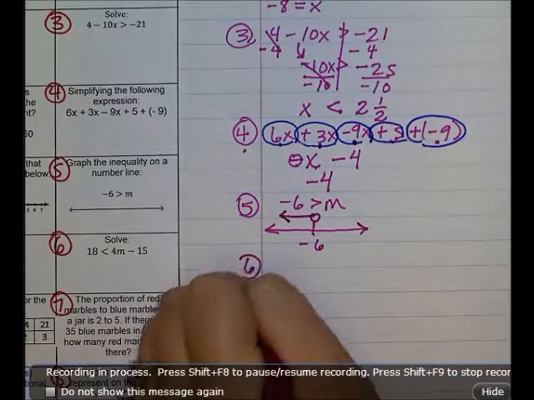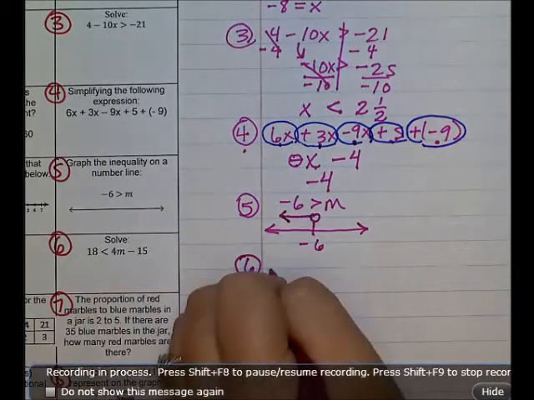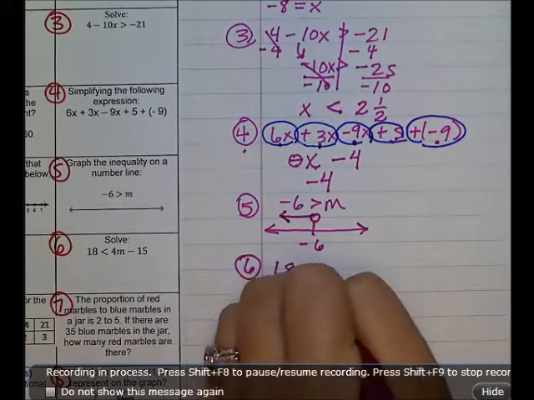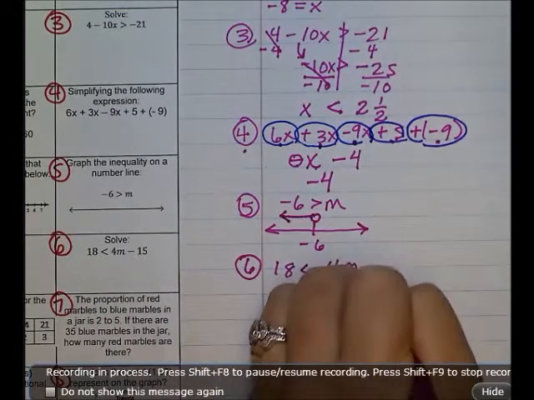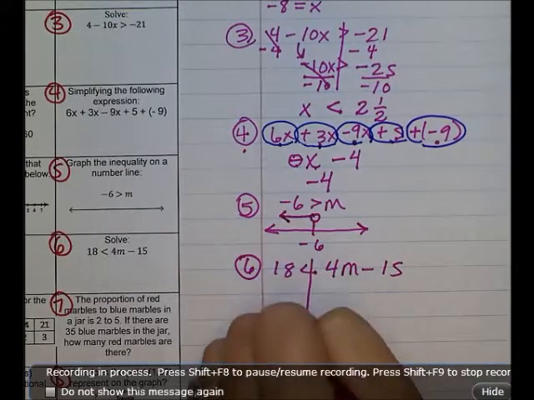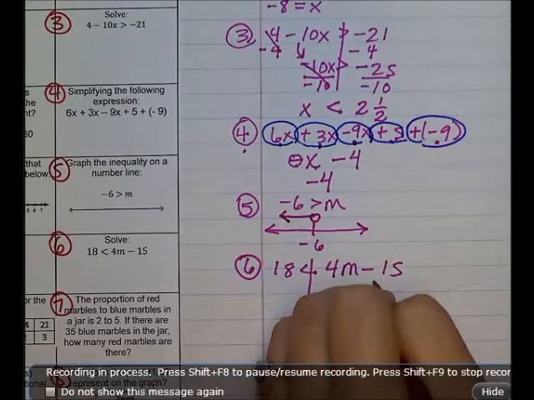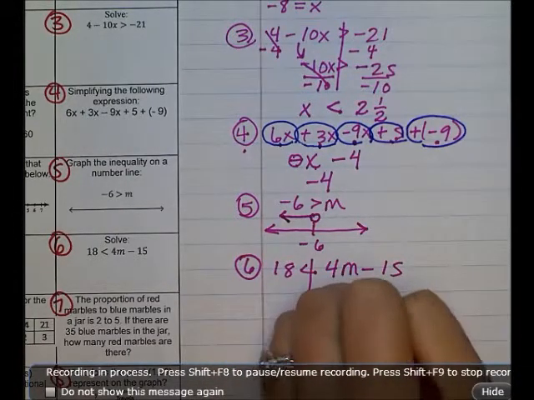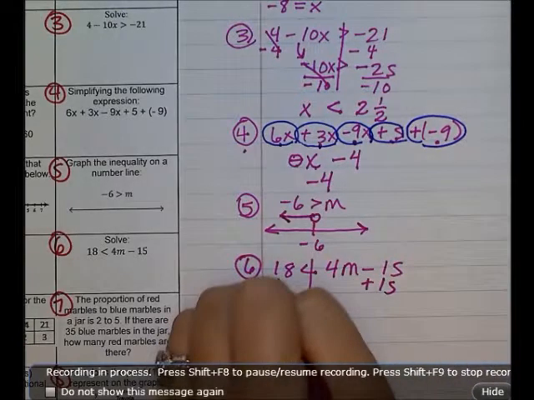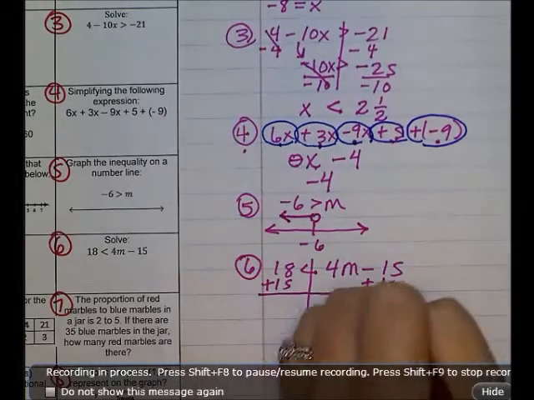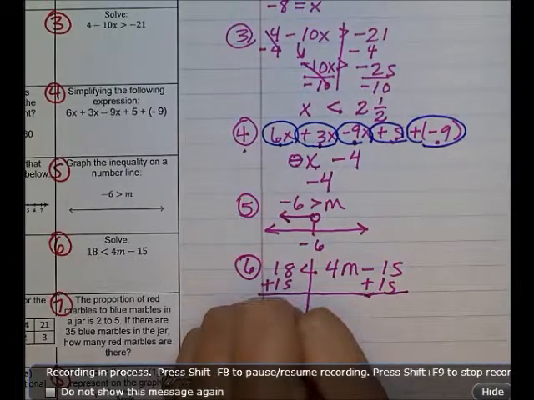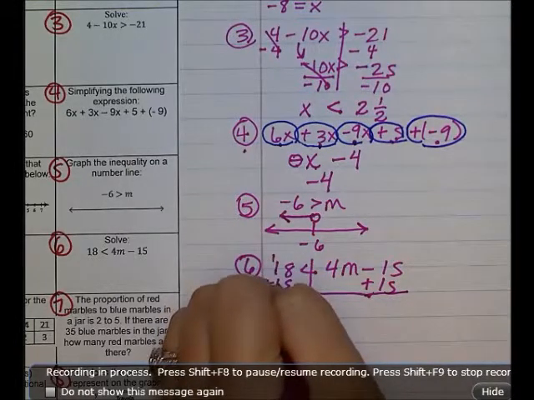Number 6 says solve this inequality. So 18 is less than 4m minus 15. Line down the inequality. So we're doing PEMDAS backwards just like before. So we're going to have to add 15 first. Oops. So 18 plus 15 is 33.